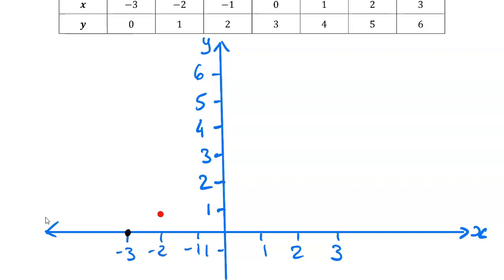So -2 up 1 there. -1, 2 here. 0, 3 there. 1, 4 here. 2, 5 there. And 3, 6 there.